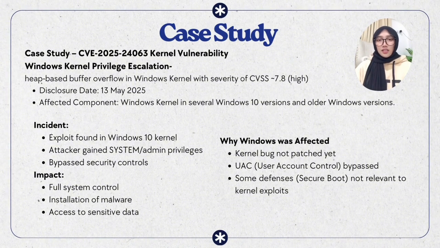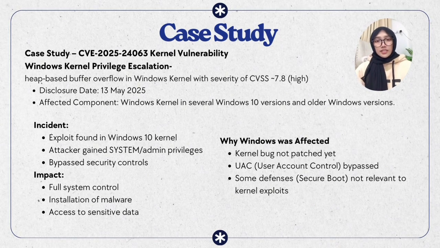So this case study looks at a Windows kernel vulnerability called CVE-2025-24063. It was publicly announced on 13 May 2025 and recorded in the National Vulnerability Database (NVD).